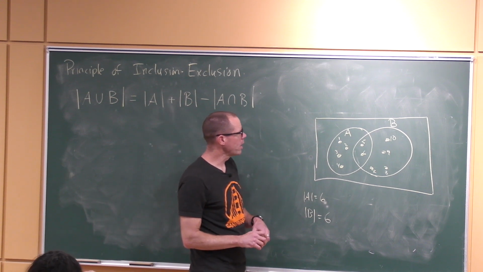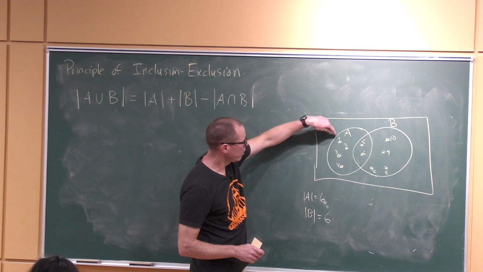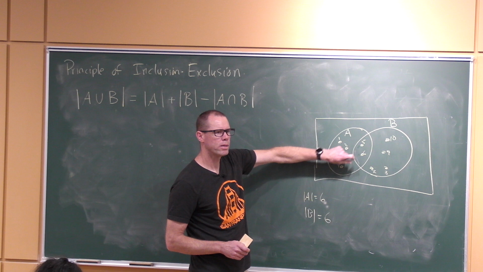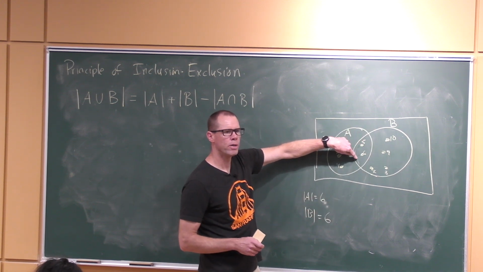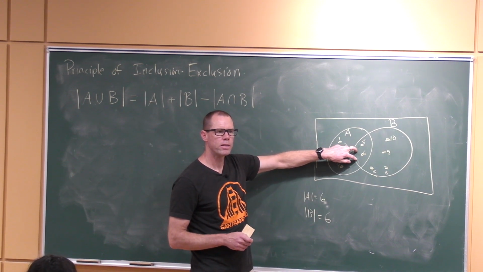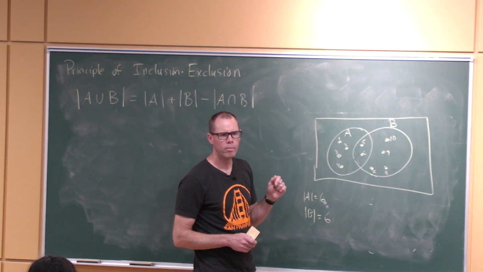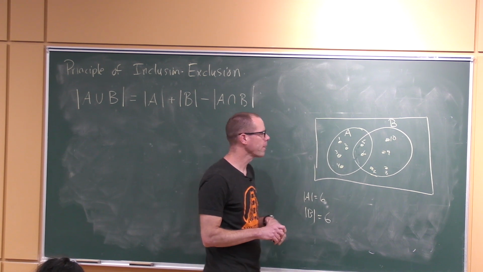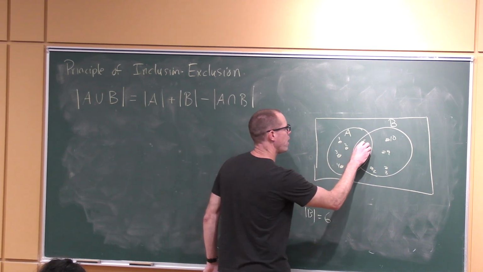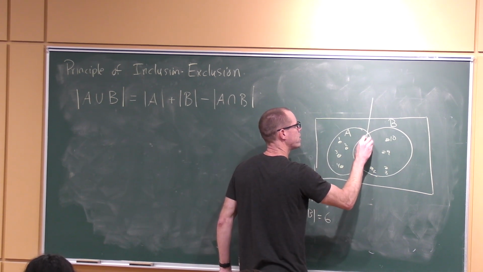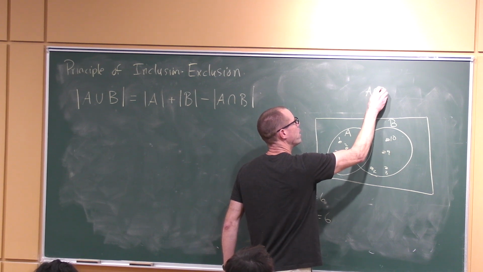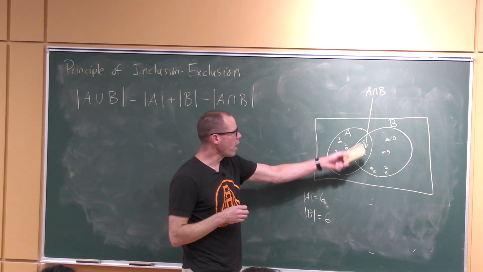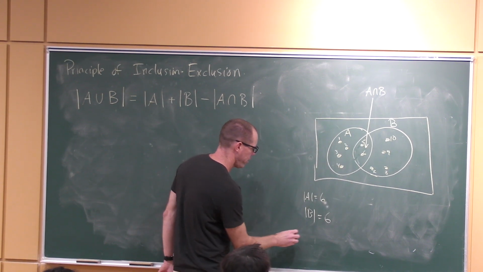And why is it 12? Well, it's 12 because when we counted A, we counted these 2 points. And when we counted the size of B, we counted these 2 points. So these 2 points, they got counted twice. That's why we get an answer that's 2 more than the truth. Okay? So this thing here, these things that we count twice, this is the A intersect B. We've counted the points in here twice, so we should subtract that.